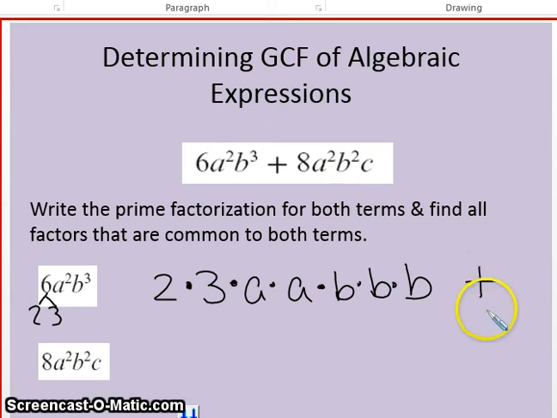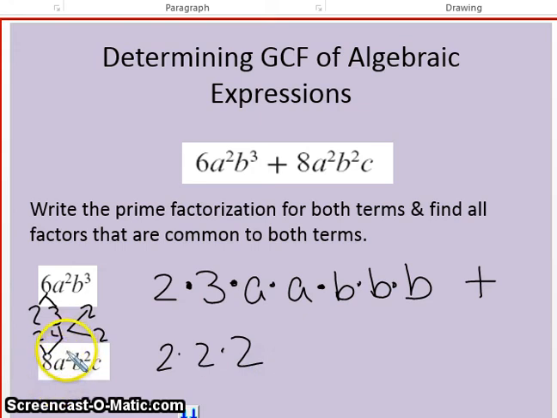So I'm just going to leave my plus out here so I can remember it. Now, 8 is divisible by 2 and 4, and 4 is 2 and 2. So if we were to write the prime factorization of 8, it would be 2 times 2 times 2.